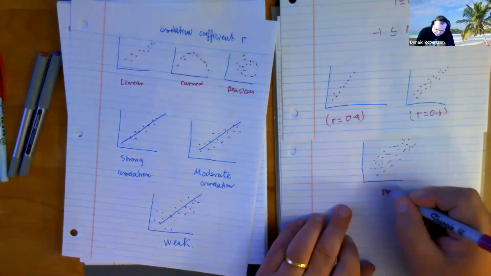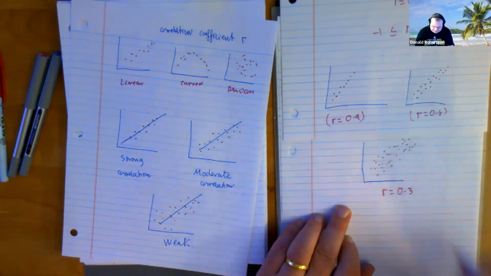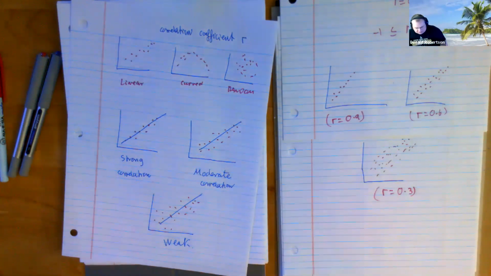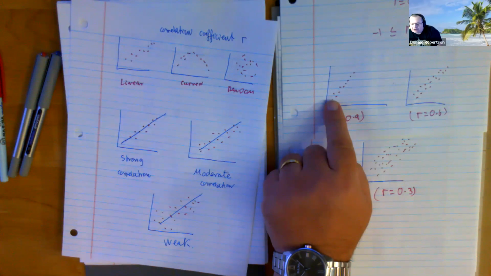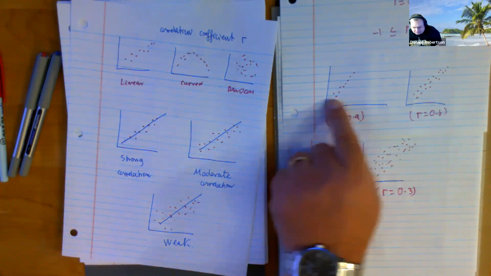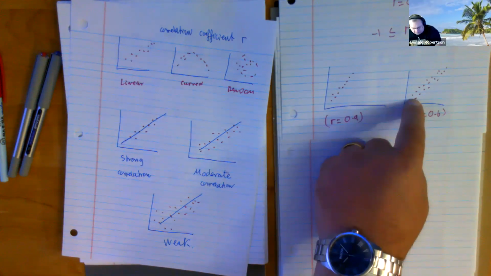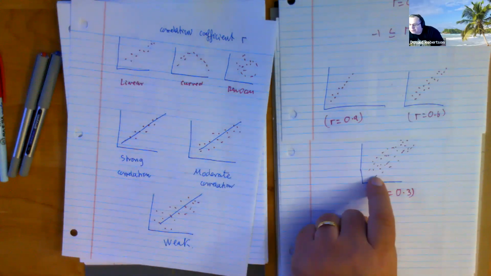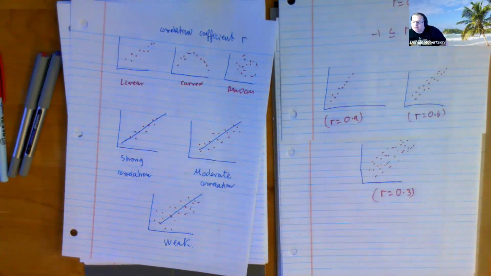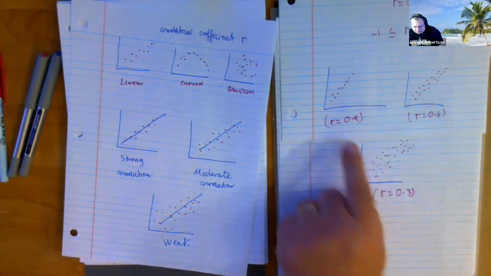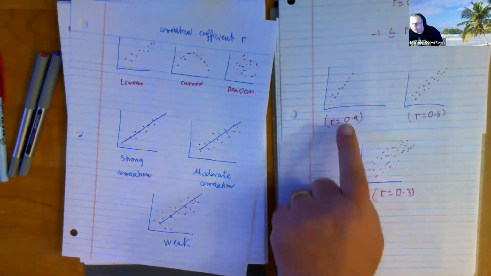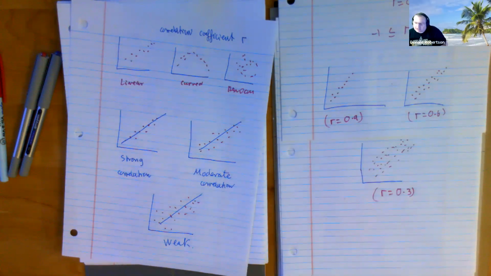That guy might be 0.3. So can you imagine that a strong would be 0.9, a moderate might be 0.6 or 0.7, and a weak could be a number like 0.3? Do you get a kind of visual, semi-idea of how close the dots are to being perfect? Is a relationship that is how close is this number to 1? Or -1 if you want to slope down the way.